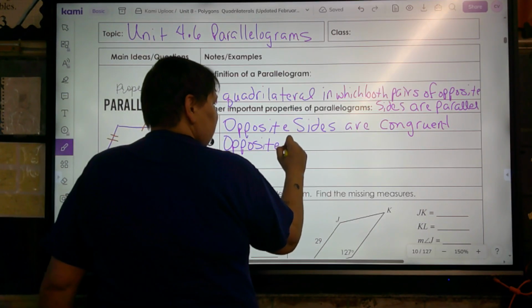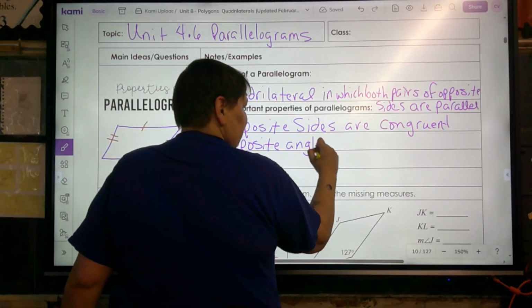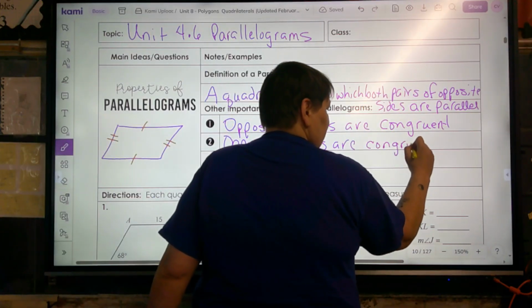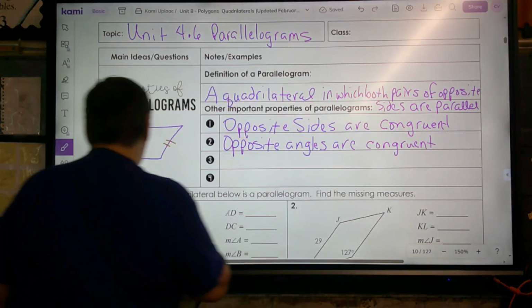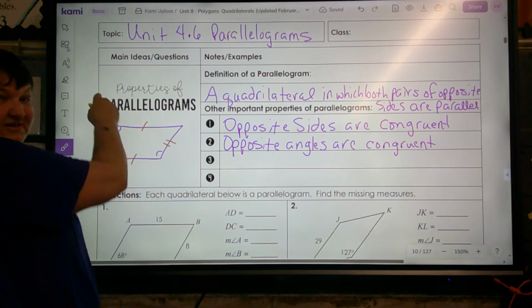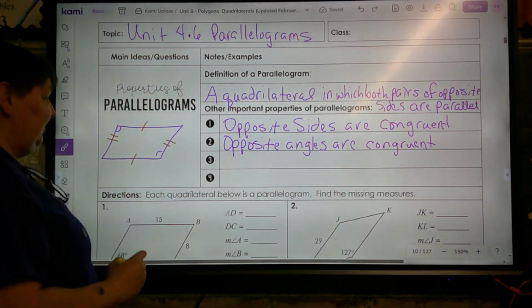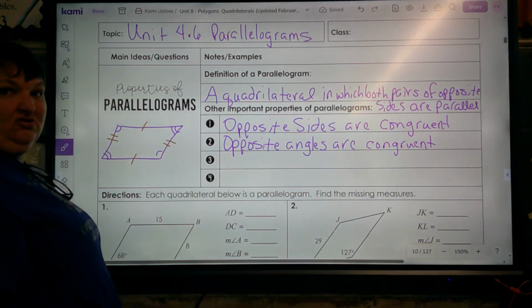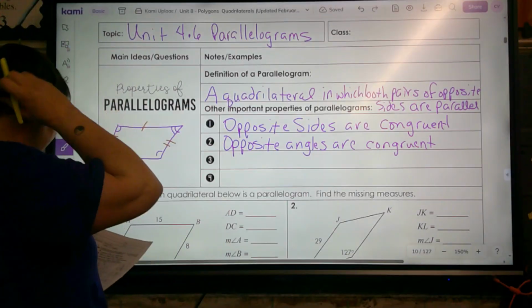So if you know this angle, then you know this angle. They are opposite and congruent, equal, right?